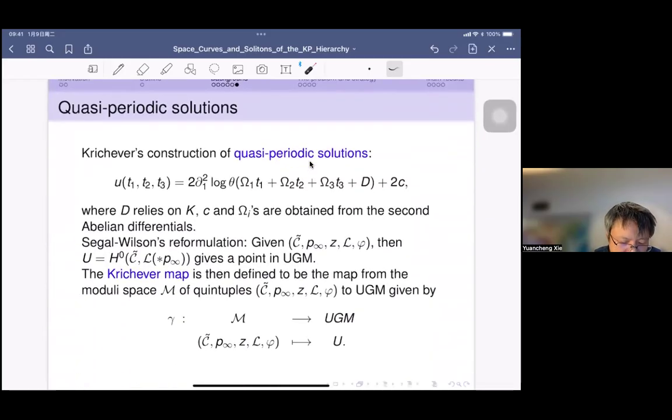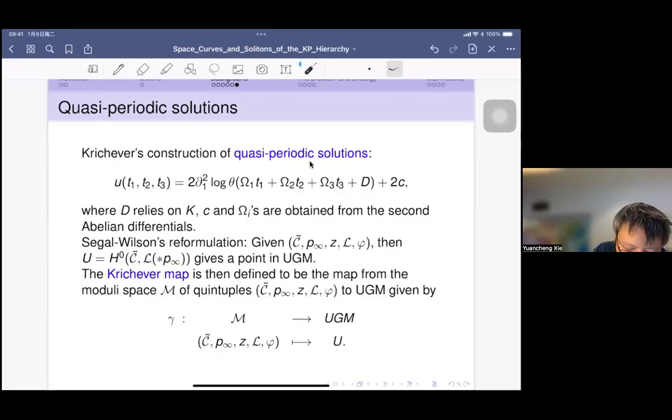And in the 1970s, the Novikov school, in particular Krichever, proposed a general construction for quasi-periodic solutions for the KP hierarchy. It's expressed in terms of the Riemann theta function, which if you know, that's good; if you don't know, that's also fine, because we are not going to use this. We will reformulate this story in terms of the universal Grassmannian.